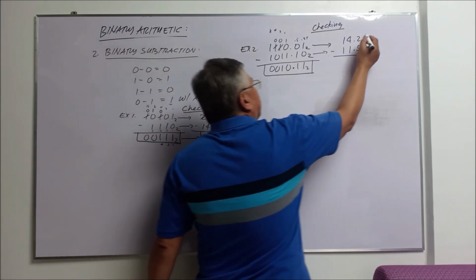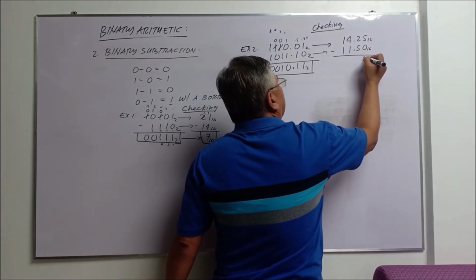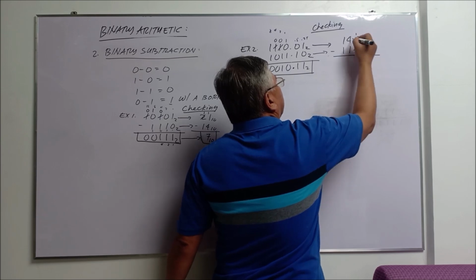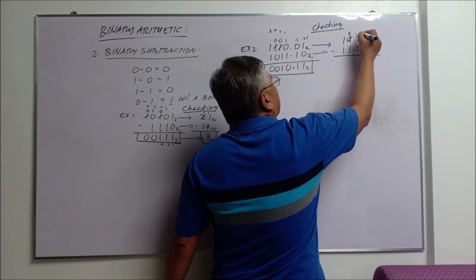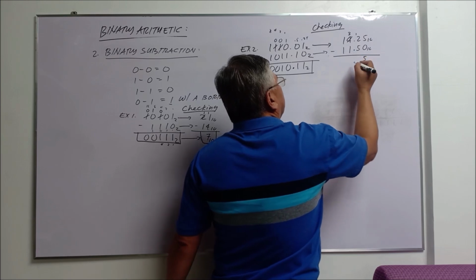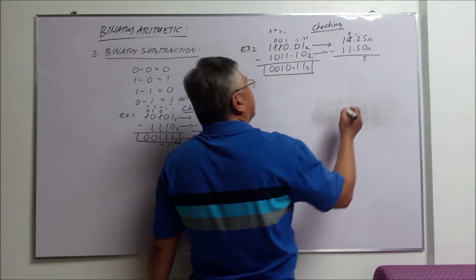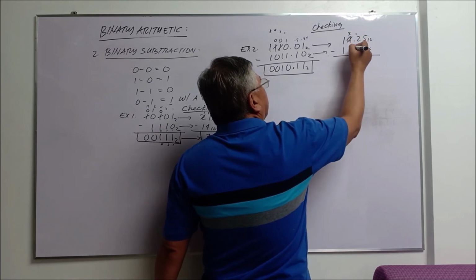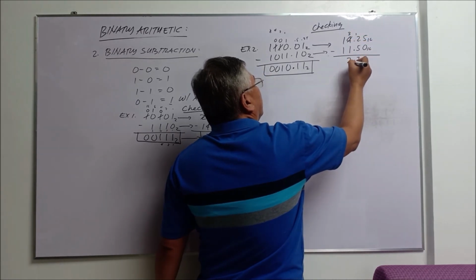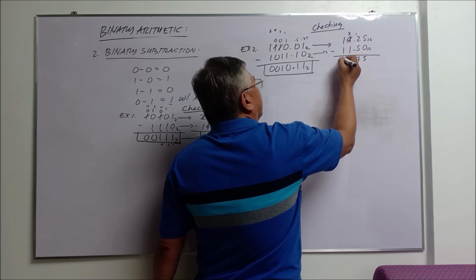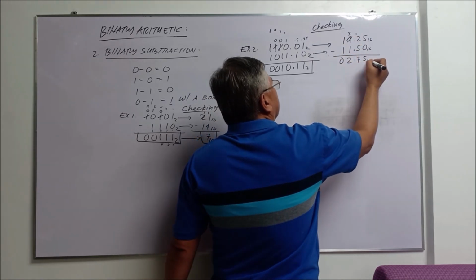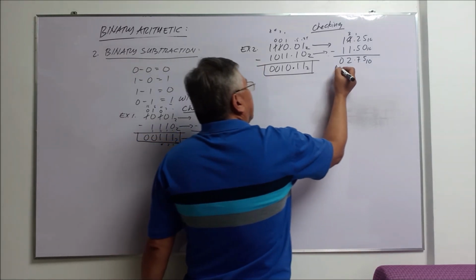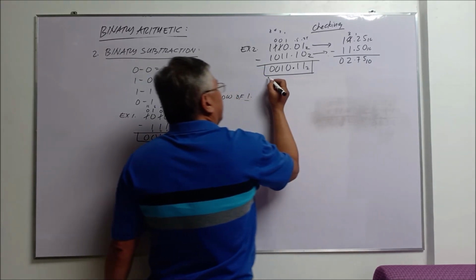So 5 minus 0 is 5. You have 2 minus 5, so this becomes 12. This becomes 3. So 12 minus 5 is 7, right? Then 3 minus 1 is 2. 1 minus 1 is 0. So you have 2.75 of base 10. So is this number here equivalent to this number?